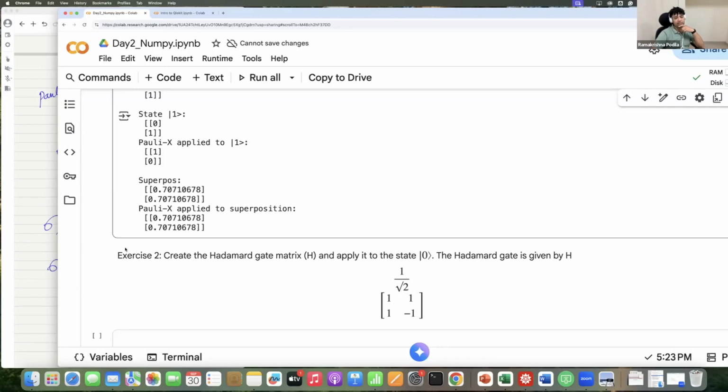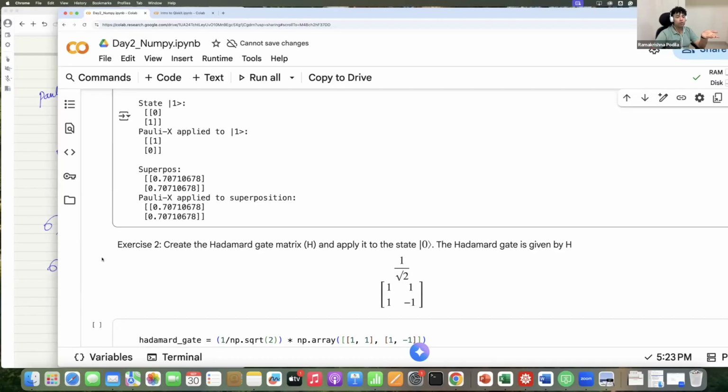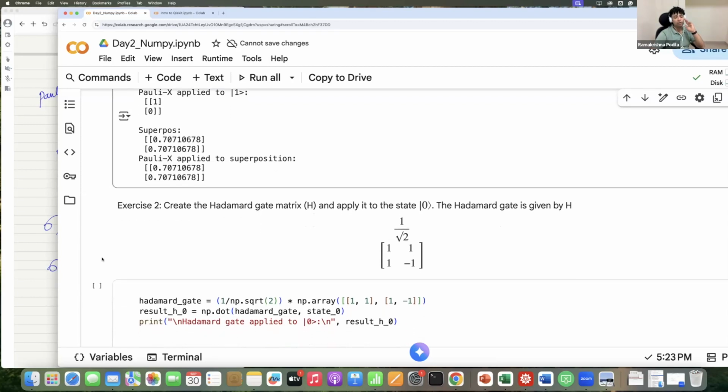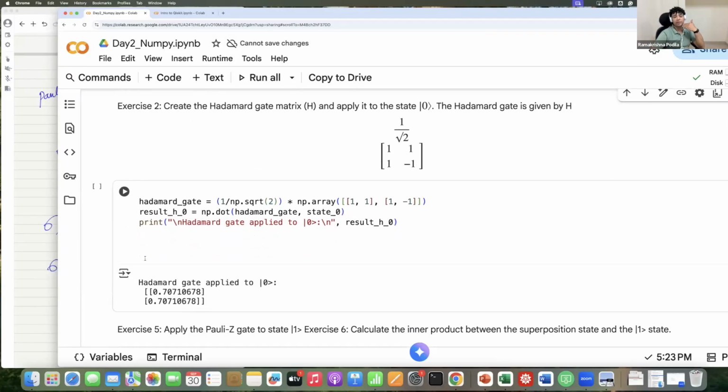Whenever you're doing this exercise, I would recommend doing it by hand first, see what you're going to get, and then try to write the code yourself. For those of you who are familiar with NumPy and Python, you can try to write the code yourself. For those who are not familiar, please look at the code and try to learn how to do this.